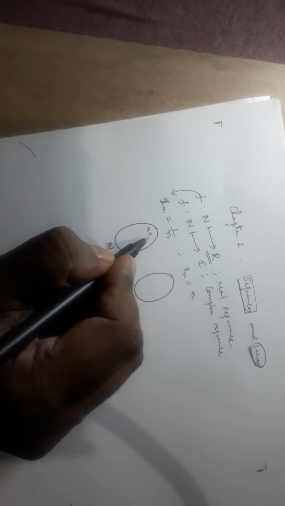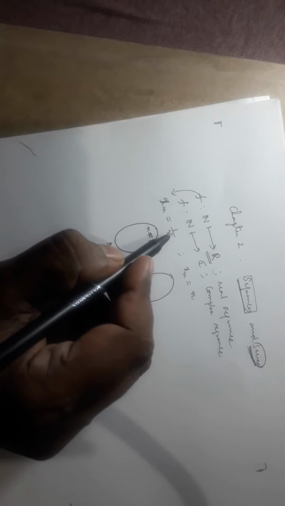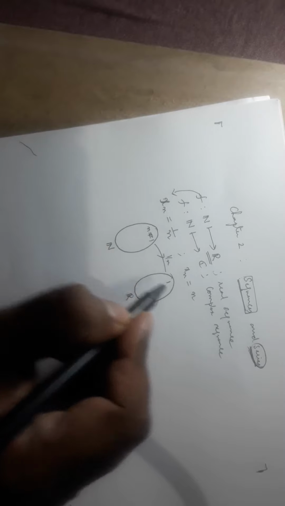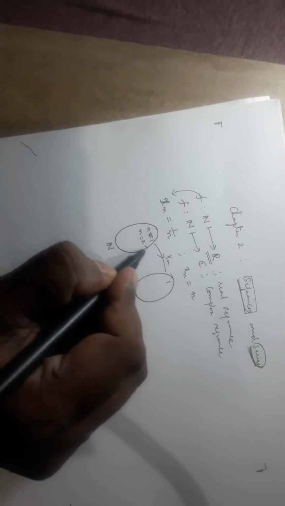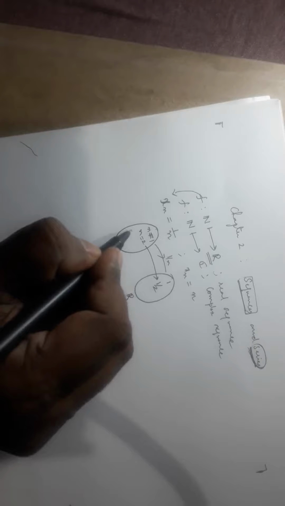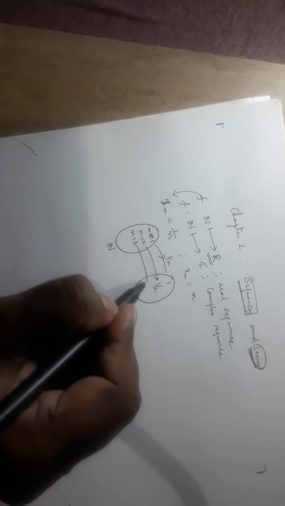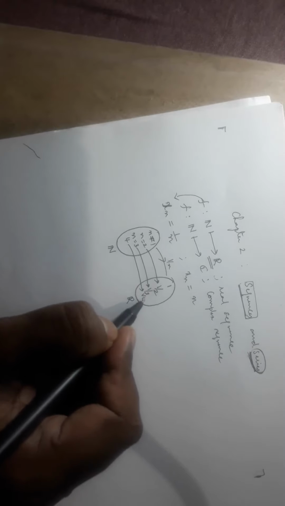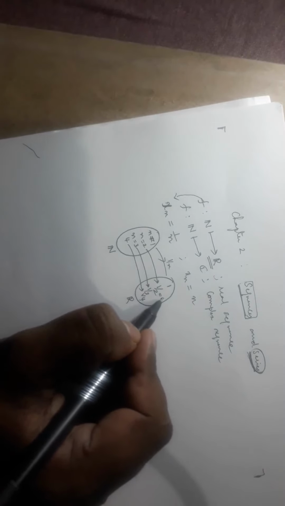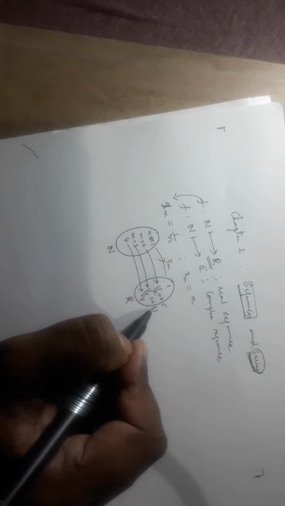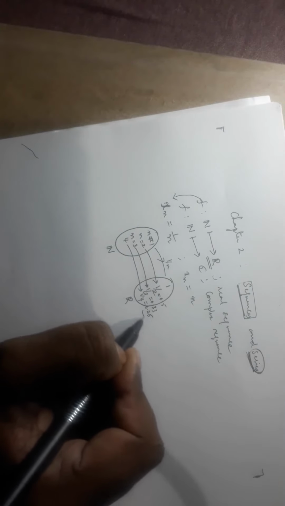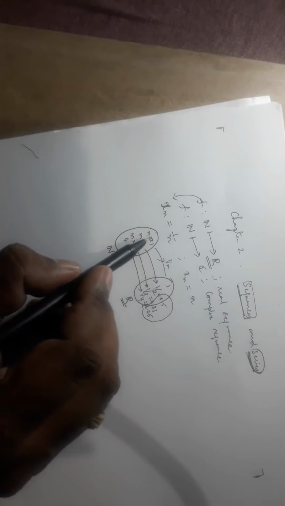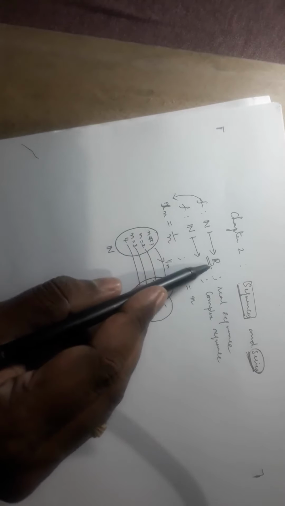If I take n equals 1, then 1 by n will go to 1. If n equals 2, it will go to 1 by 2. For n equals 3, it will go to 1 by 3. 4 will go to 1 by 4. That means this is 0.5, 0.33, 0.25. All these are real numbers. So it's a function from natural numbers to real numbers.